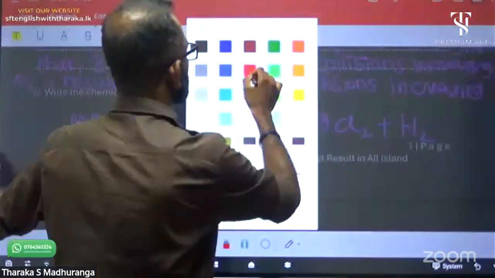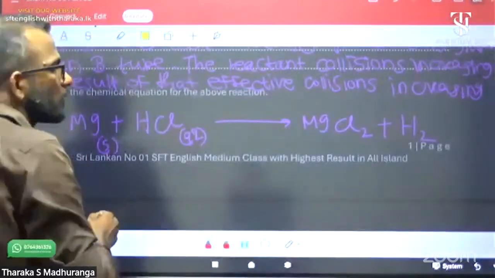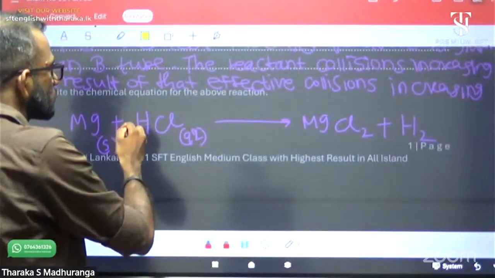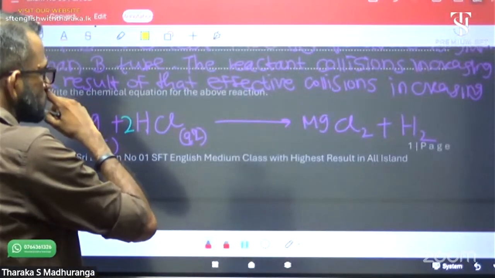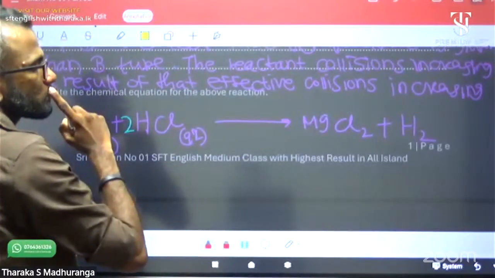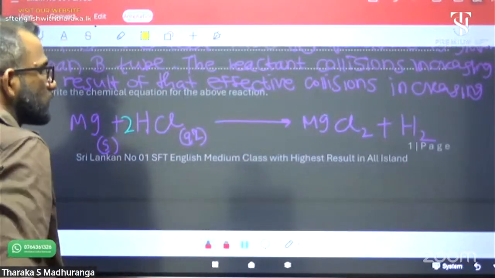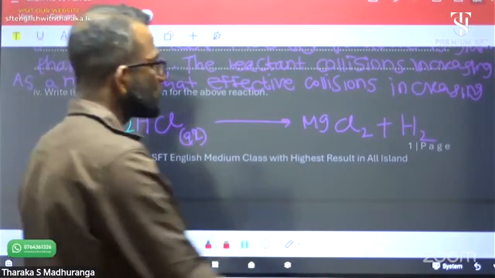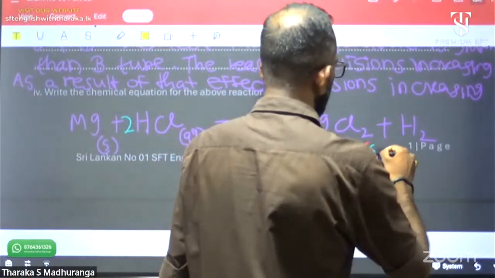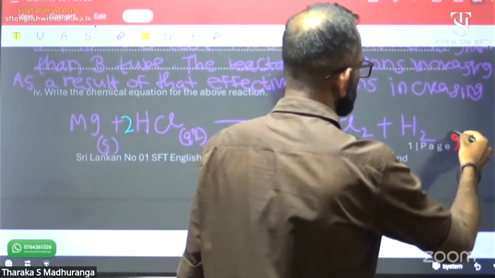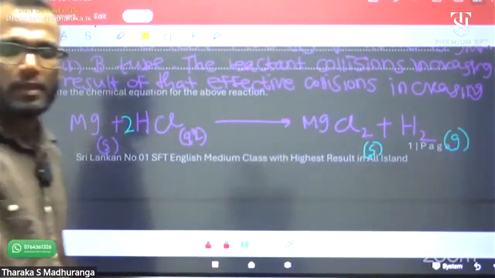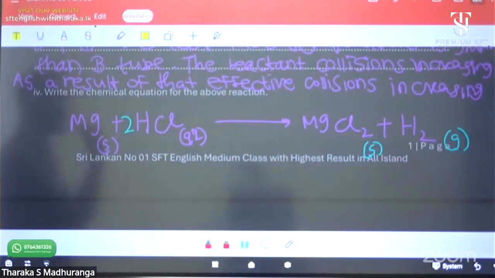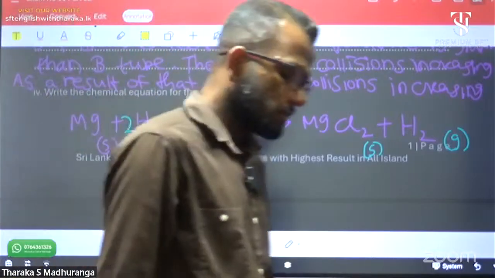Now if you want, you can balance it. Cl2 becomes 2 here. Yeah, that's the balanced equation. MgCl2 is a solid, magnesium chloride, and hydrogen is a gas.